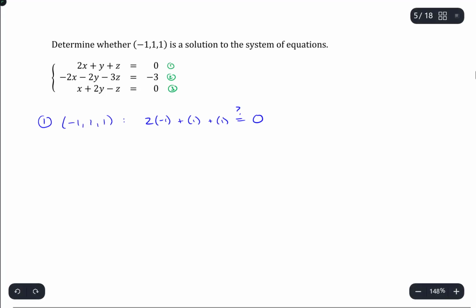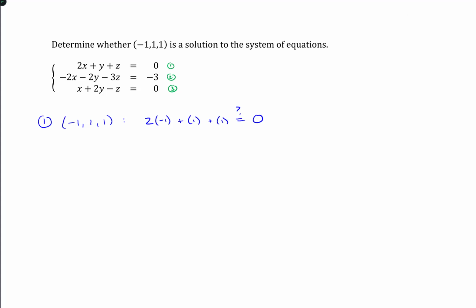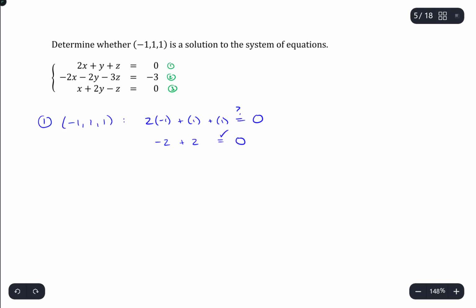So let's see what happens. 2 times negative 1 is negative 2, plus 1 is negative 1, plus 1 is 0, and that does in fact equal 0. So we have a solution to the first equation. Now I'll go ahead and write that down. So this is a solution.